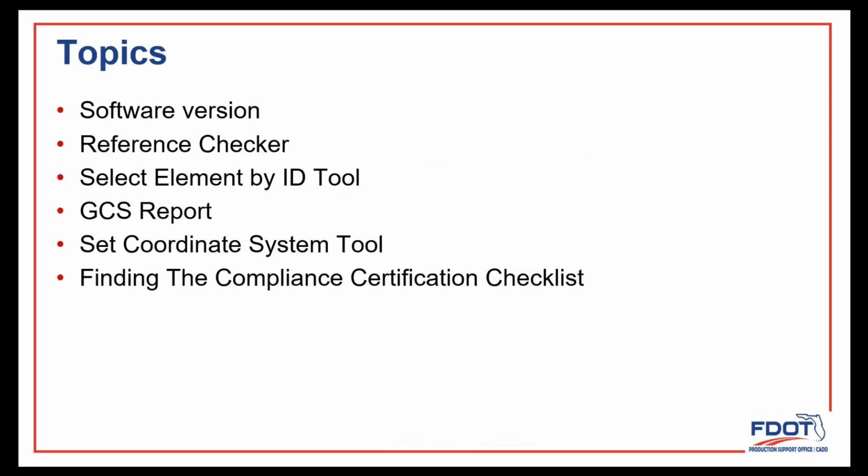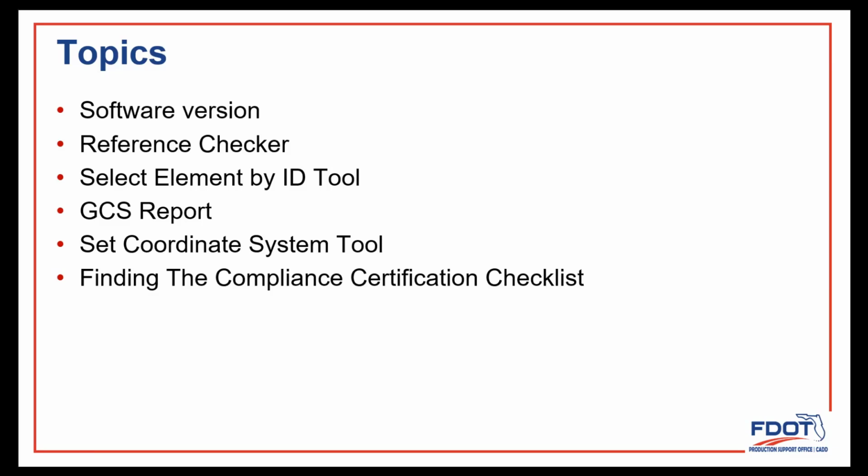On today's webinar, the topics we are going to cover are how to find the latest version of the software and how to check the version of the software that's installed. We're going to go over the reference checker and its three components. We're going to go over the select element tool and how to find an element quickly.